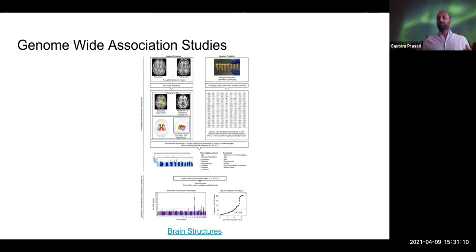Our brain structure we can represent as a three-dimensional image with 100,000 pixels in it. And our goal is to understand the relationship between this group of 100,000 pixels in our brain and 100,000 letters in our genome. And this is a statistical problem.